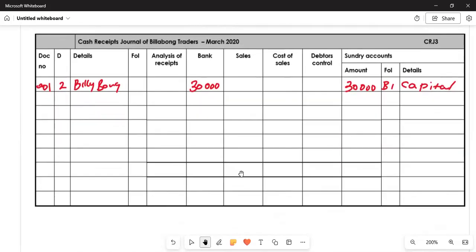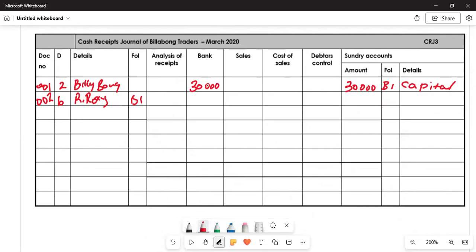Now we are to record it. That is 002. Then it was on the 6th. We received it from our debtor, Roxy.